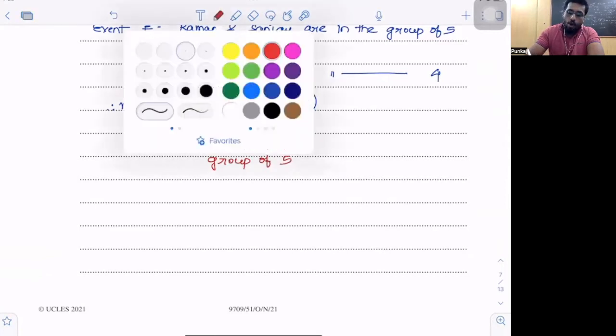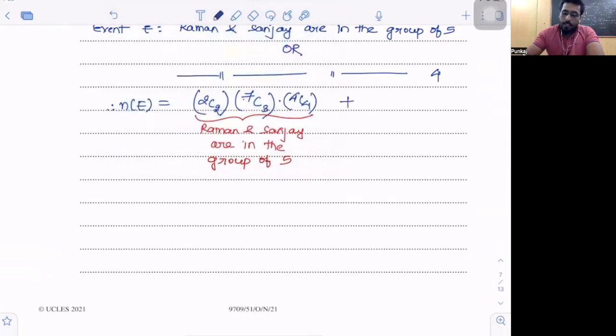Or, so or means plus, isn't it? Raman and Sanjay can be in the group of 4. So 4 people I'm going to select now, right? Out of 9, I want to select 4 people, but 2 of the places are already occupied by Raman and Sanjay.